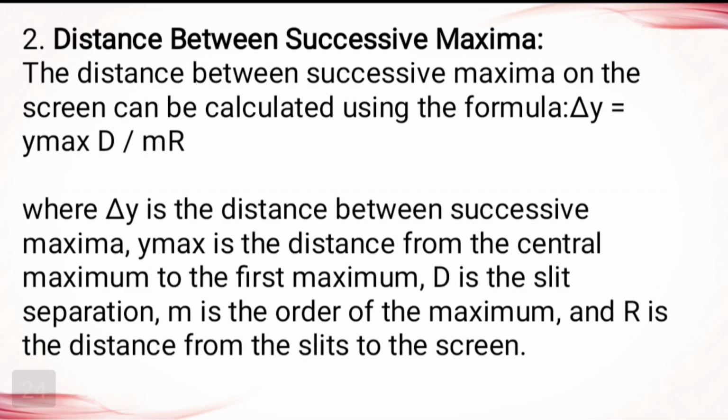Second, we need to get the distance between successive maxima. The distance between successive maxima on the screen can be calculated using the formula change in y is equal to lambda R over d, where change in y is the distance between successive maxima and y max is the distance from the central maximum to the first maximum. d is the slit separation, M is the order of the maximum, and R is the distance from the slits to the screen.